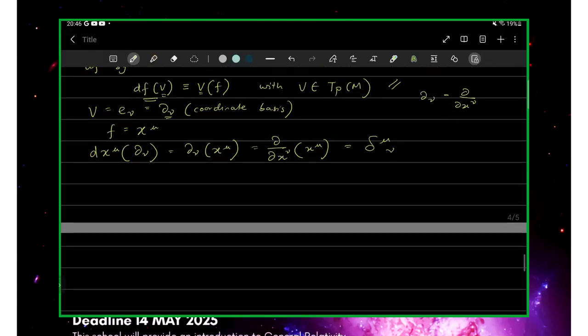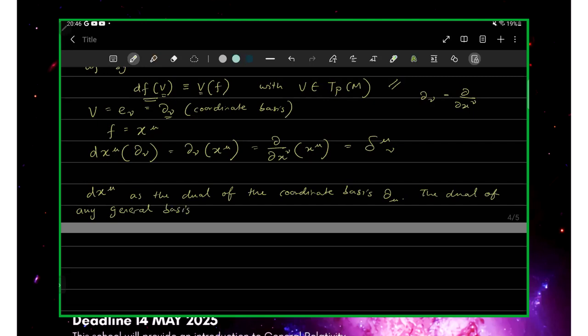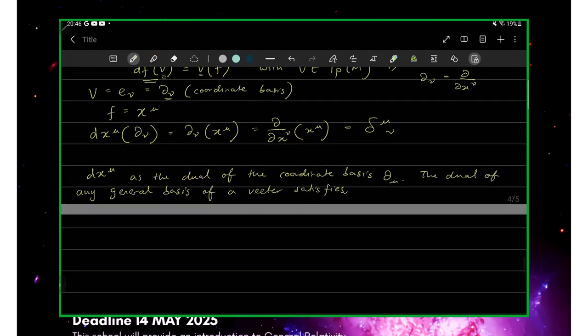So if we identify dx^mu as the dual of the coordinate basis del_mu, then the dual of any general basis of a vector would also satisfy the same attributes, right?